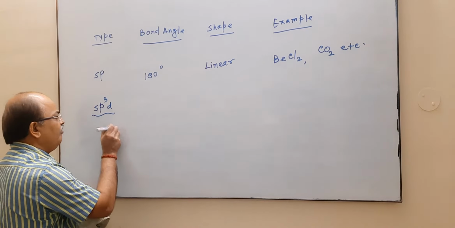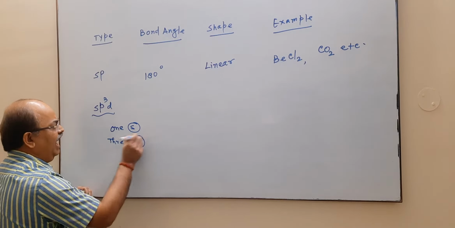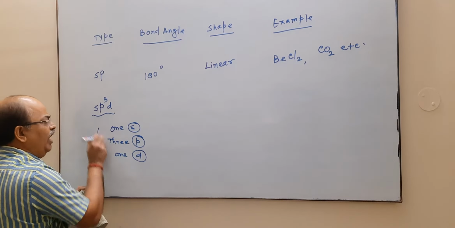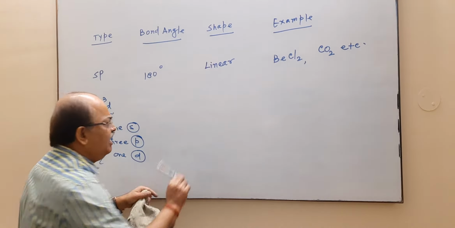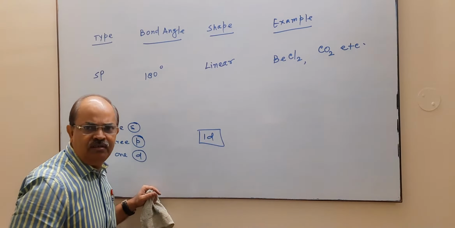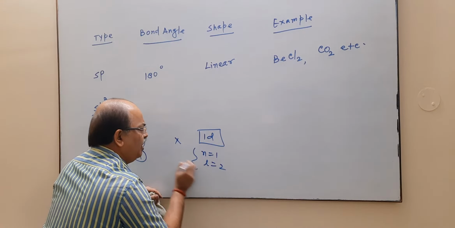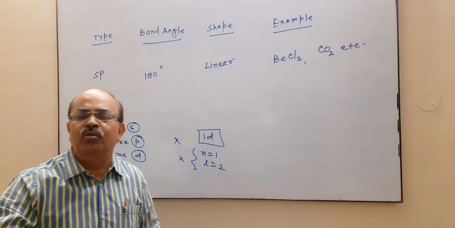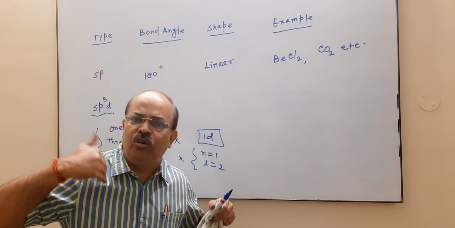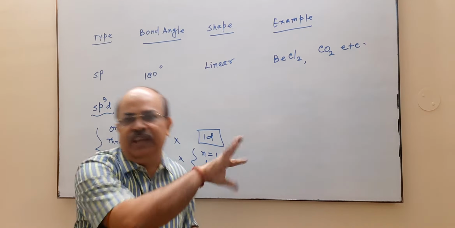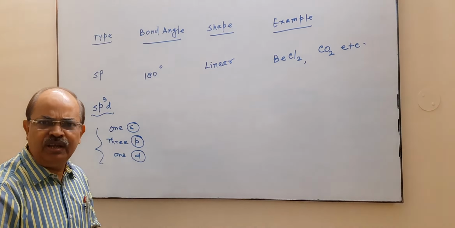In sp3d we have one s orbital, three p orbitals and one d orbital. One d means out of the five d orbitals: dxy, dyz, dxz, dx2-y2 and dz2, any one of them. It does not mean 1d with n equal to 1 and l equal to 2; that is not possible. There should not be any confusion.